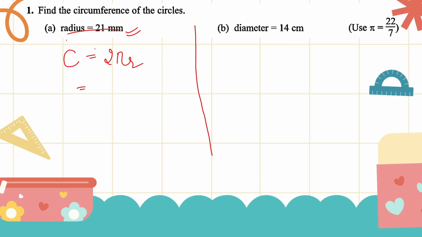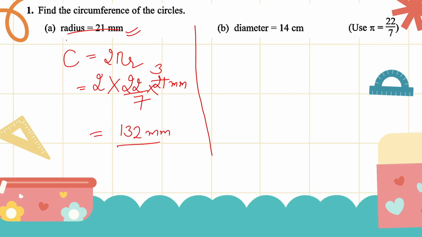Here we have the radius 21 mm, pi's value is 22/7. Now we will do the cutting with 7's table: 3 and 3 2s are 6, 22 6s are 132 mm.